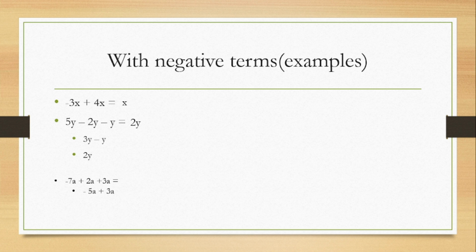It's 5, and then our answer is going to be negative. Since the signs are not the same, we just subtract. It's going to be 5 minus 3, which is 2a, and that 2a is going to be negative because our bigger number is negative, which is 5, right? It's going to be negative 2a. So our answer is going to be negative 2a, right?